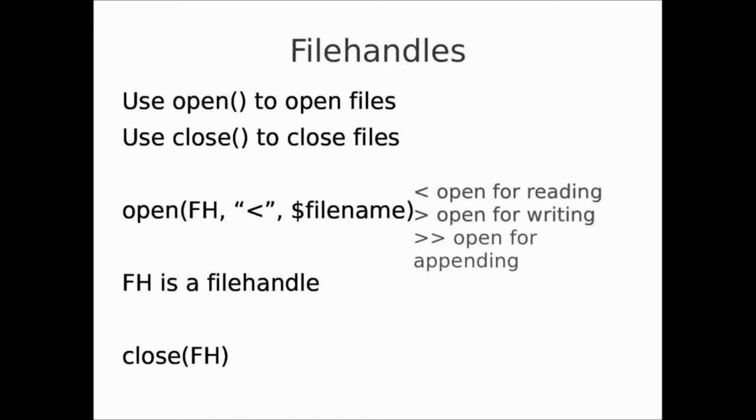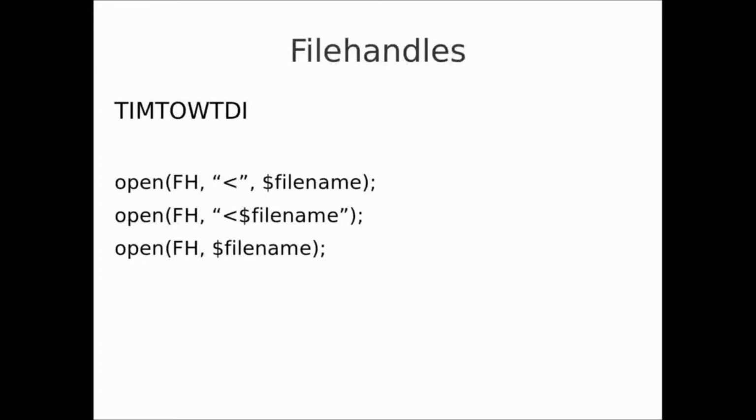So you can pass the open command 3 parameters like this, but this is Perl that we're talking about. And one of the things that I told you about Perl is that the motto is there's more than one way to do it. I pretty much have just shown you one way to do everything so far. So let's look at a different way. We can pass 3 arguments to the open function: the file handle, the direction for opening the file, reading, writing, or appending, and the file name.